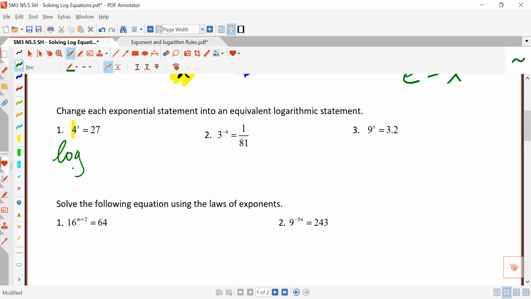What's my base? Okay, what's my input? What's my answer?